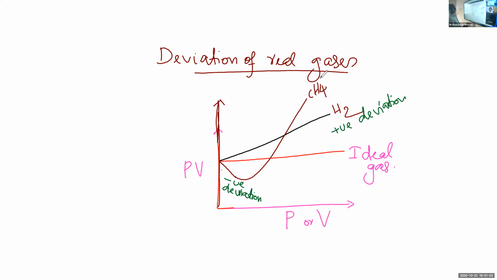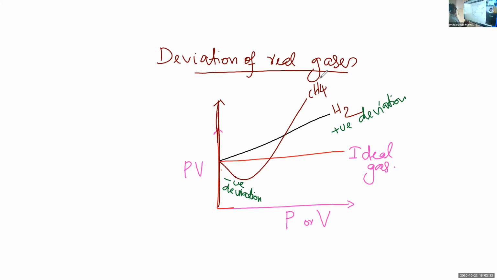There are two types of deviations. Positive deviation means there is a continuous increase in the PV value. And negative deviation is a decrease in the PV value, which reaches a minimum and then there is positive deviation. Anyhow, there is deviation from the ideal behavior for real gases.